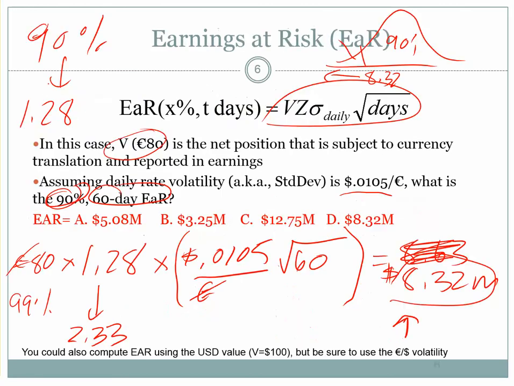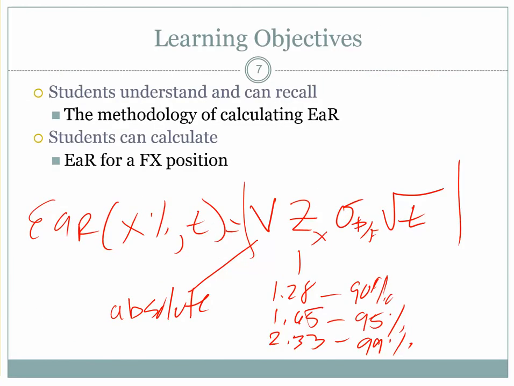For example, if this problem said an 80 million euro accounts payable, I would still calculate $8.32 million as the EaR. It's just the interpretation of it. I would then say, okay, I have an 80 million euro payable. There's a chance it'll cost me $8 million more to pay off the liability. So that's earnings at risk.